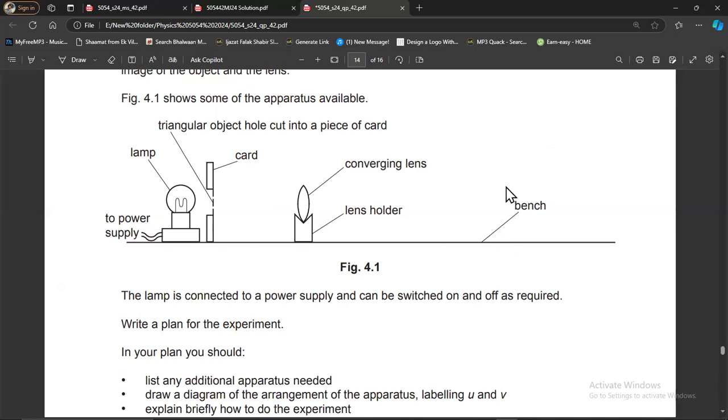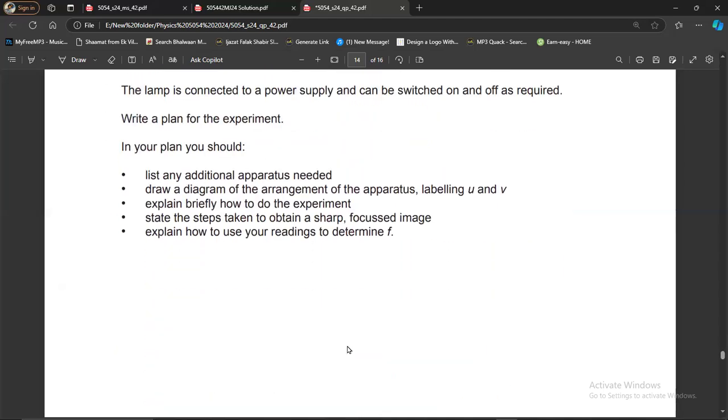Here I can put a screen so the image can be formed on it. In your plan, you should list any additional apparatus needed, draw a diagram of the arrangement of the apparatus, labeling u and v, explain briefly how to do the experiment, and state the steps taken to obtain a sharp focused image. Explain how to use your readings to determine f.